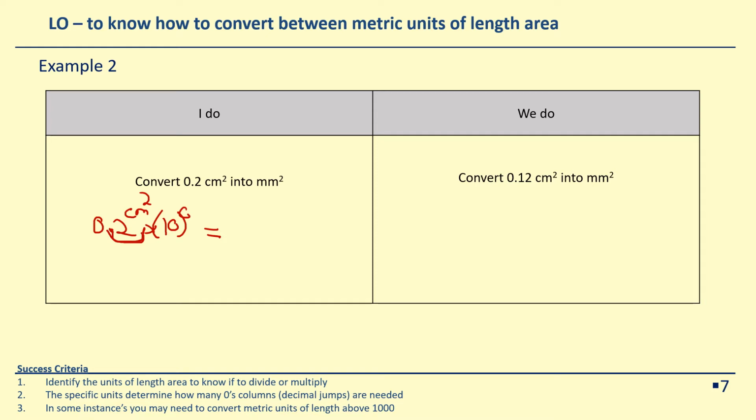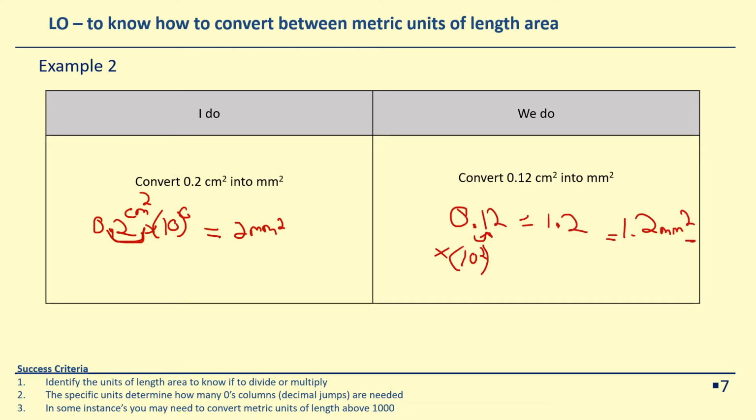So that's going to leave us with 2 millimeters squared. Pause the video, have a go at the we do, please, and do your decimal jumps now with these decimals to make sure we get this perfectly right.